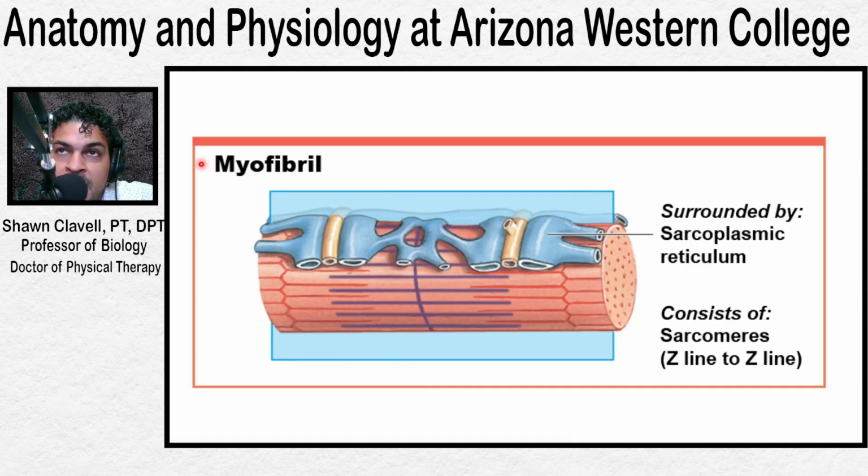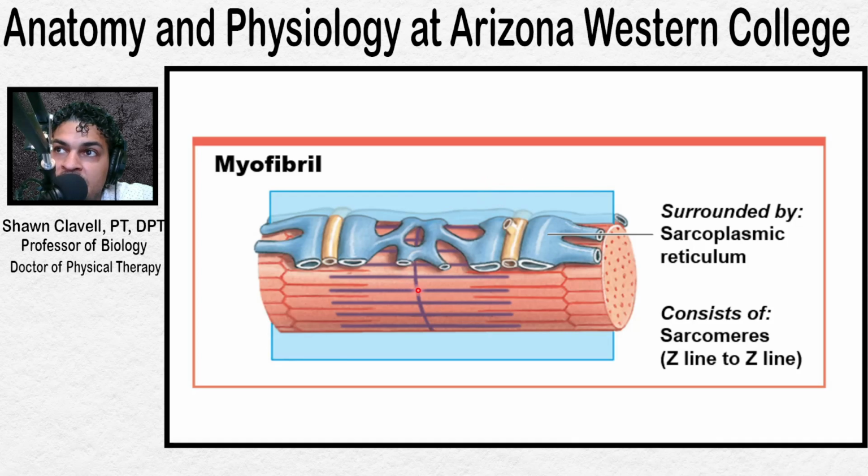So here we have that myofibril, that protein structure that helps to make up a particular muscle fiber. We can see the alternating thick and thin filaments. You can see the thick filament, thin filament, thick filament, thin filament. From Z line to Z line, we have the sarcomere in front of us.